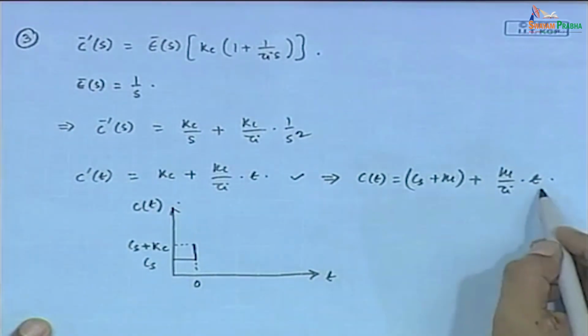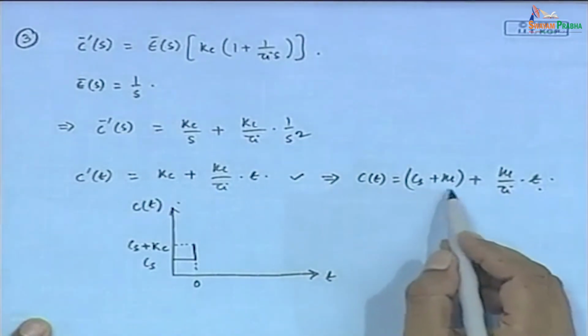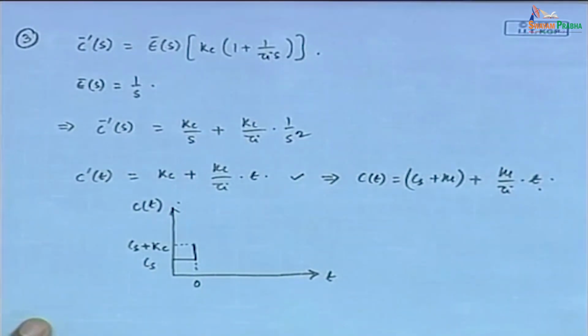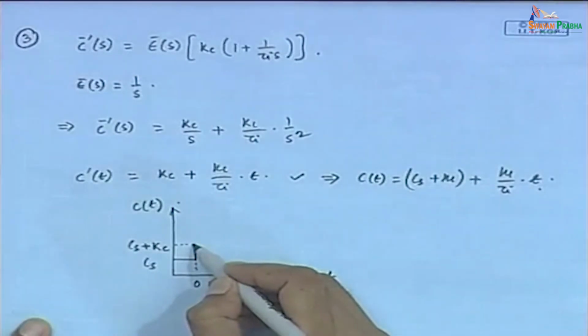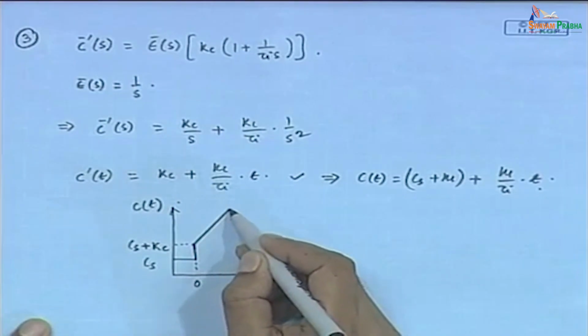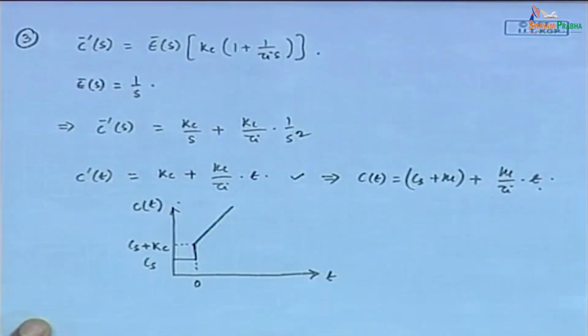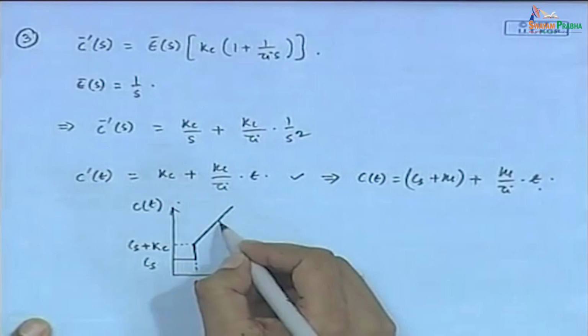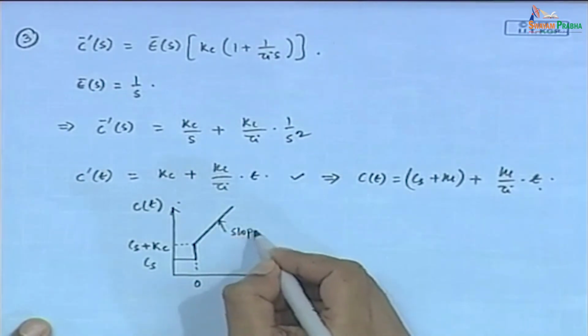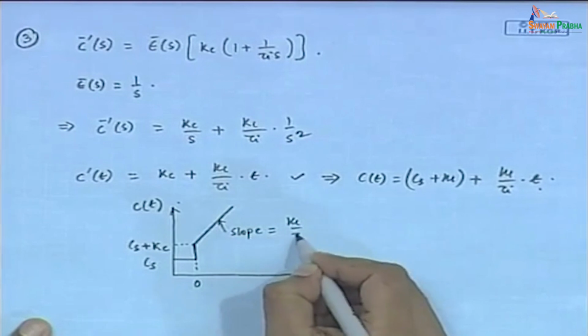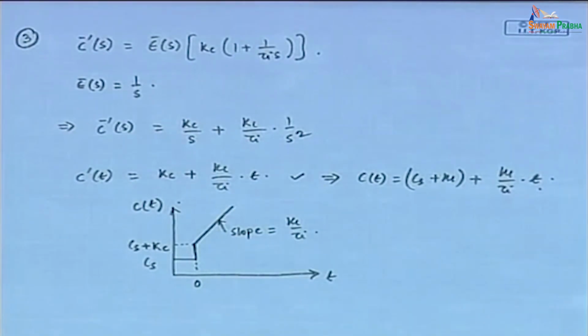So, it is obvious that at time t equals 0, C t equals Cs plus Kc, and when time is greater than 0, C increases linearly with a slope of Kc divided by tau I. Fine. This is the behavior of the PI controller against a unit step change in error signal.